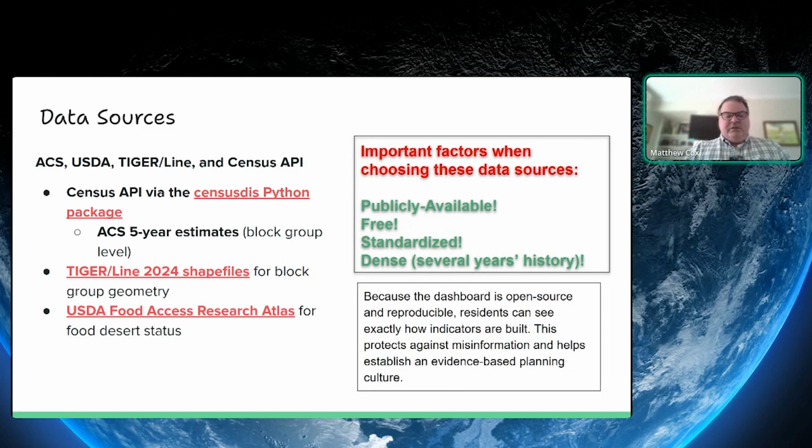And the beauty of censusdis, which we'll dive into in just a second, is that it wraps everything into a really nice API call. There's not a whole lot of going out with requests or downloading local files to get the information. You can make quick refreshes from it just by making an API call and bring it down with some very minimal code, which we'll look at in a moment.